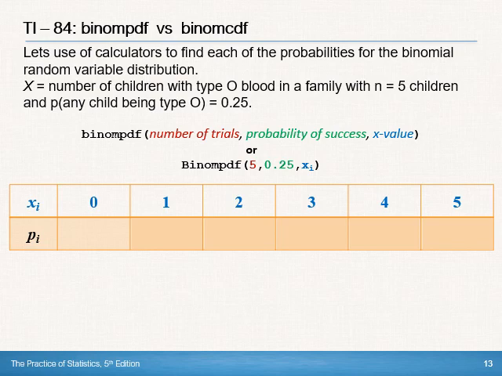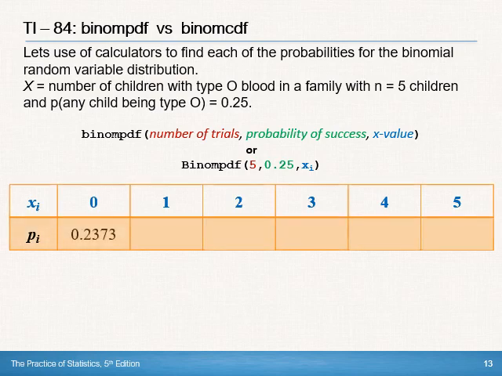But let's get our calculator to do it. All right, so we use this binomial PDF. It stands for a binomial probability distribution function. The first number we put in is the number of trials, n, which is 5. Then we put in the probability of success, which is 25%, so as a decimal, 0.25. The last value is which of these X values we're trying to calculate.